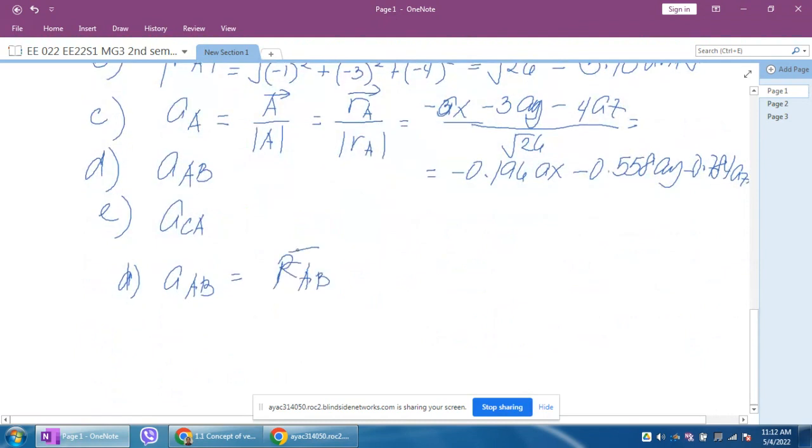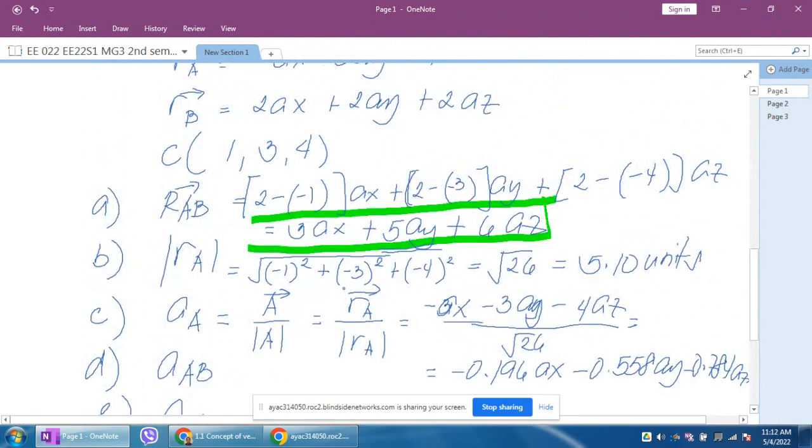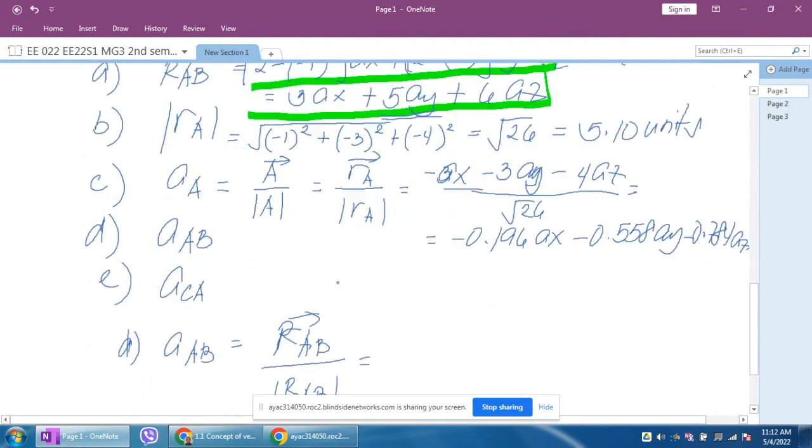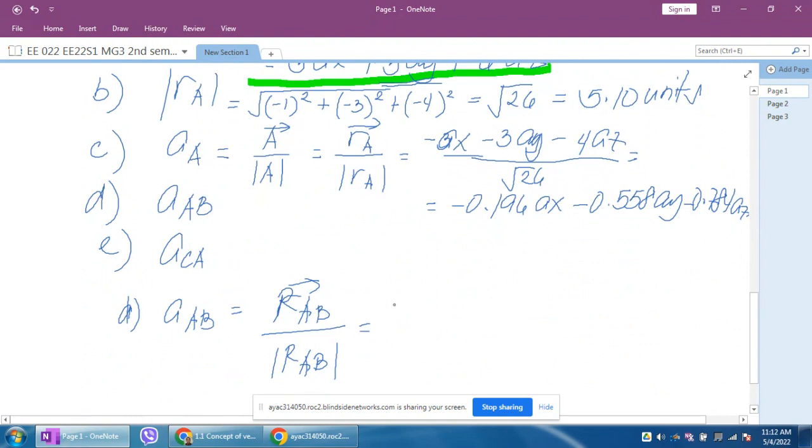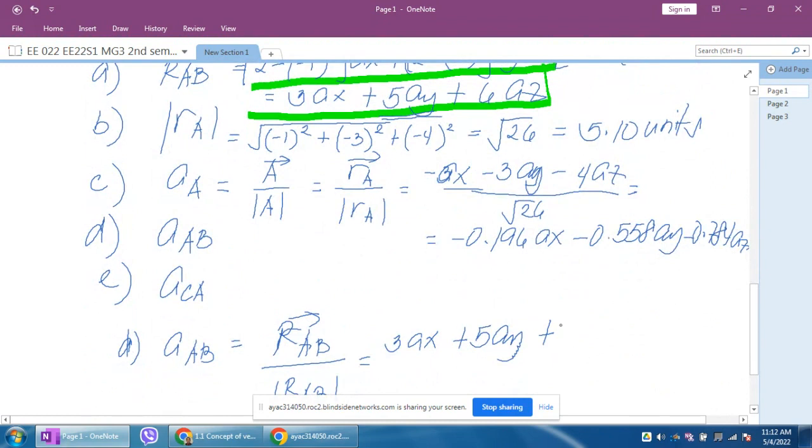RAB divided by its magnitude. So, since na-compute ko na po yung RAB, which is yung letter A na sagot natin, so we have 3AX plus, okay, positive 5AY, and then plus 6AZ.